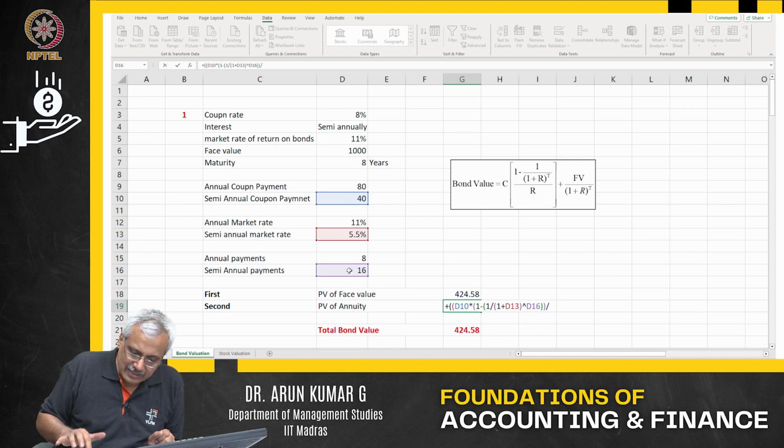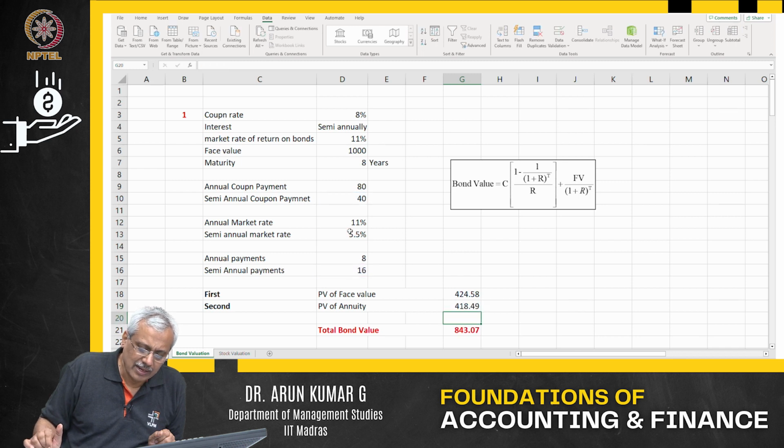This whole thing is divided by my r, again 5.5%. My present value of annuity is about 418.49. My value of the bond is 843.